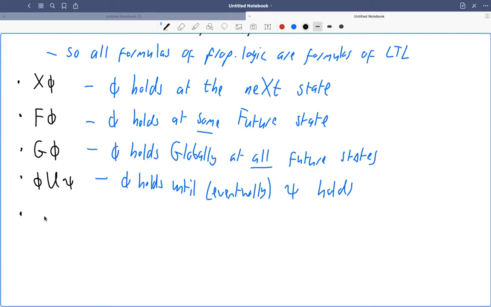And then we have some variants on until, phi W psi, that I will explain later.